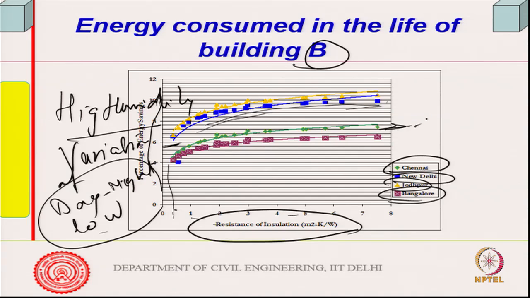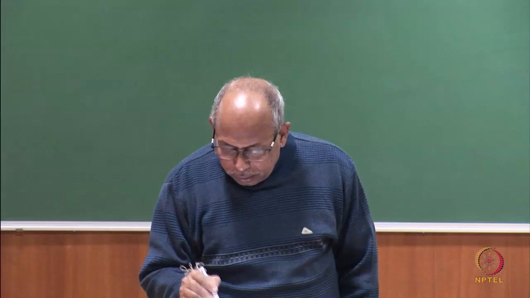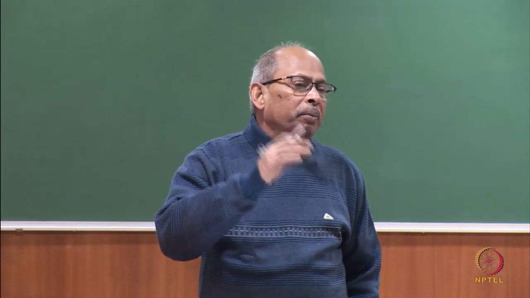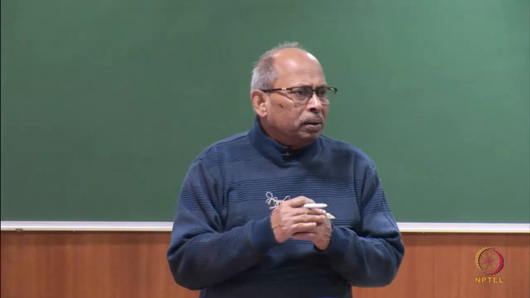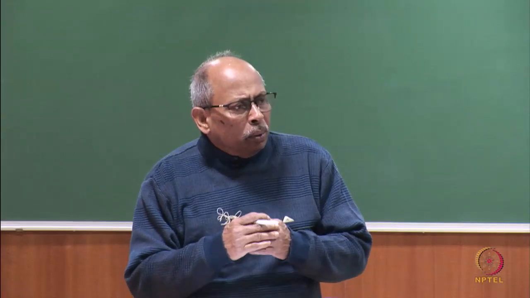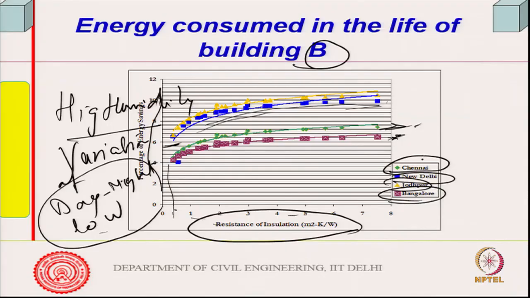Chennai is that kind of climate, while Bengaluru is one where the temperature variation is much lower, almost like a subtropical climate. It is all different climate basically. Here the temperature variation is low, humidity variation is low, a relatively comfortable scenario all the time.